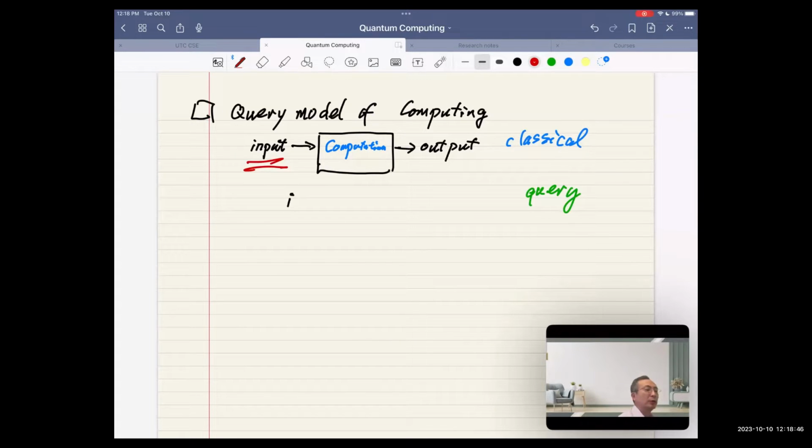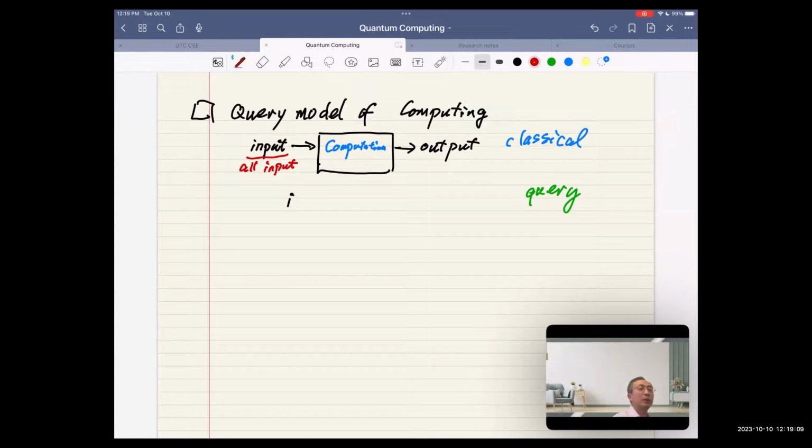If you leave something out, it's not going to compute. In the classical one, we have to put all the input there. If we don't input it into the computation process, we will not get the result.